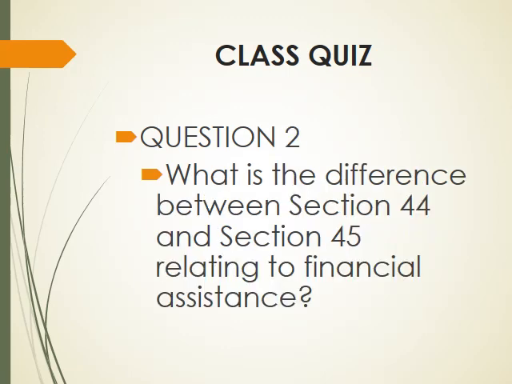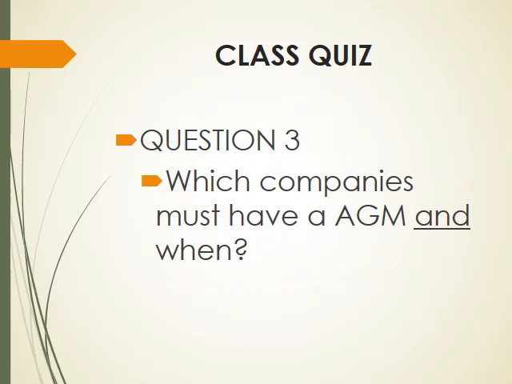What's the difference between Section 44 and Section 45 relating to financial assistance? We've already covered this and we said that Section 45 specifically relates to financial assistance to directors, whereas 44 does not have those requirements.